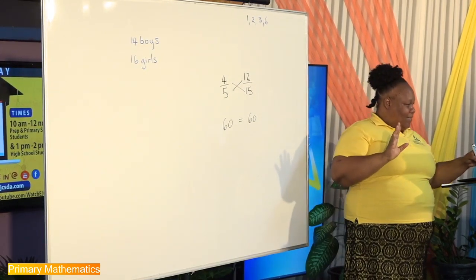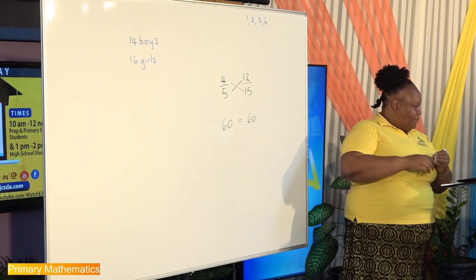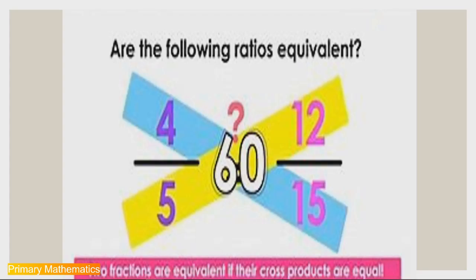So let us go back to our slide. In pink at the bottom, you would see two fractions are equal if their cross products are equal. Emphasis again. Two fractions are equivalent if their cross products are equal.